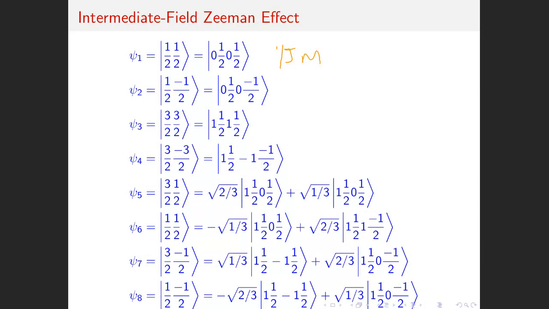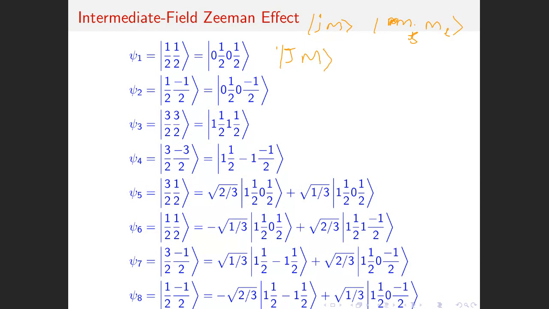So you have these vectors J, M. Now you don't know whether these J, M's are the good quantum numbers, or whether the ones that I was using, which is Mj, or Ml, Ms, were the good quantum numbers. But you just write them as linear combinations.